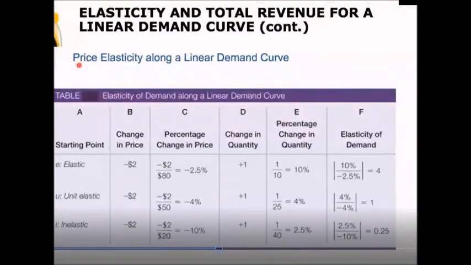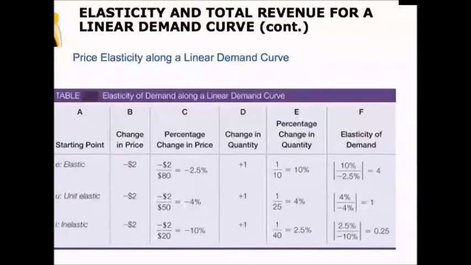Suppose we look at the price elasticity along a linear demand curve, and we're going to look at the same percentage change, the same dollar change in price and the same unit change in quantity everywhere on this demand curve.